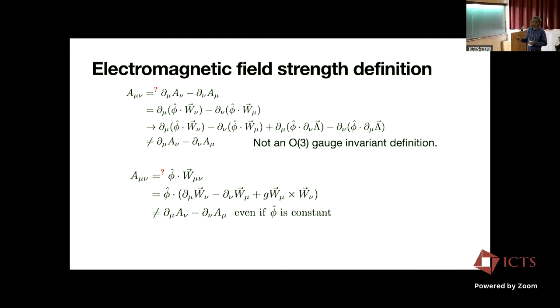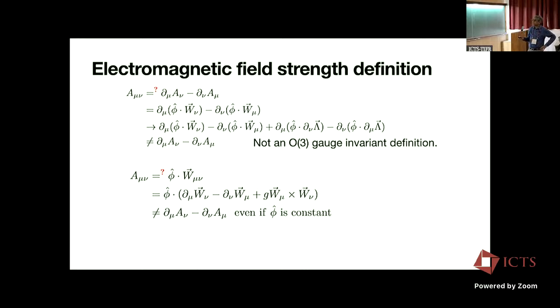What I'm doing is saying if A_nu goes to A_nu plus d_nu lambda, then this would become d_mu phi hat dot W plus this gauge term, and then you'd get extra derivatives of phi hat. Anyway, probably it's not written very well, but the point is that this is not a gauge invariant definition.